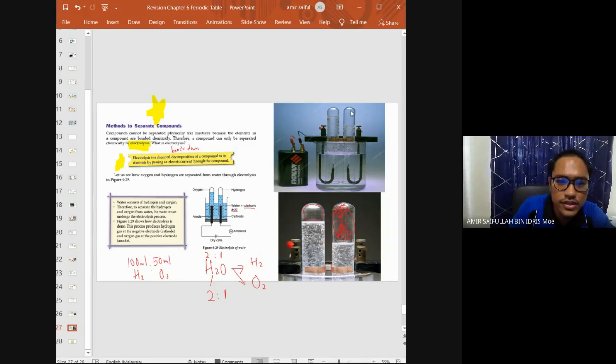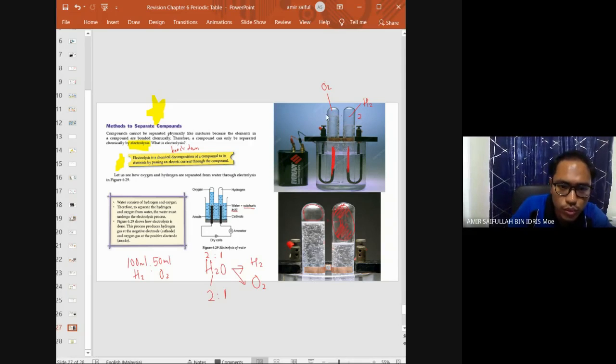So you can see oxygen is being collected here. So oxygen will be collected at this rod. This point we call anode, this one is cathode. But you don't have to worry about that. So what you need to know is, in this one is oxygen gas, in this one is hydrogen gas. Because hydrogen is more than oxygen by 2.